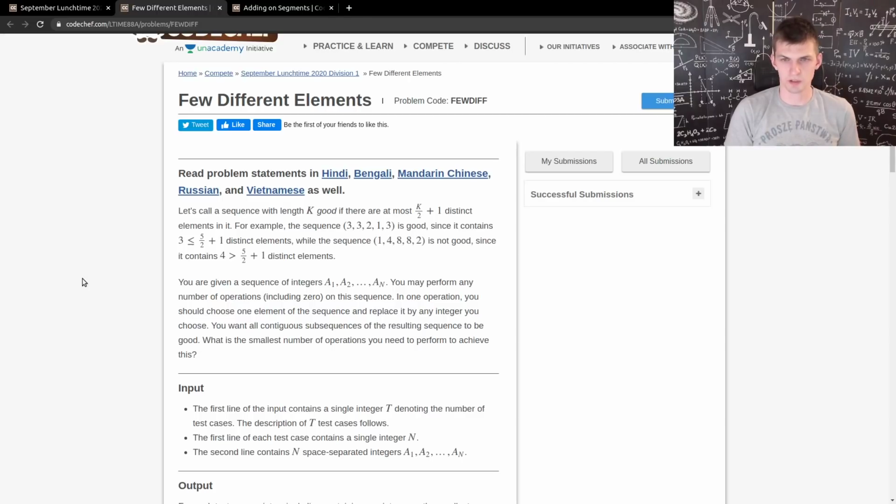At most n over 2 plus 1 distinct elements. Continuous, so all intervals should be good. There cannot be too many distinct elements.